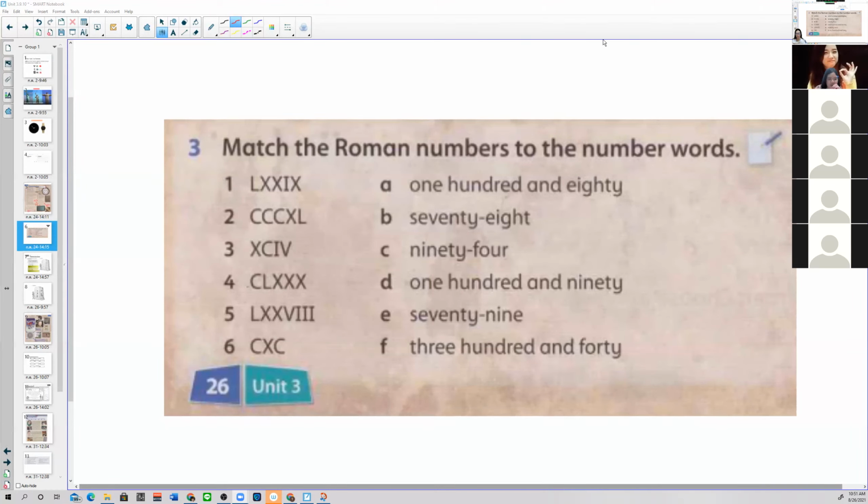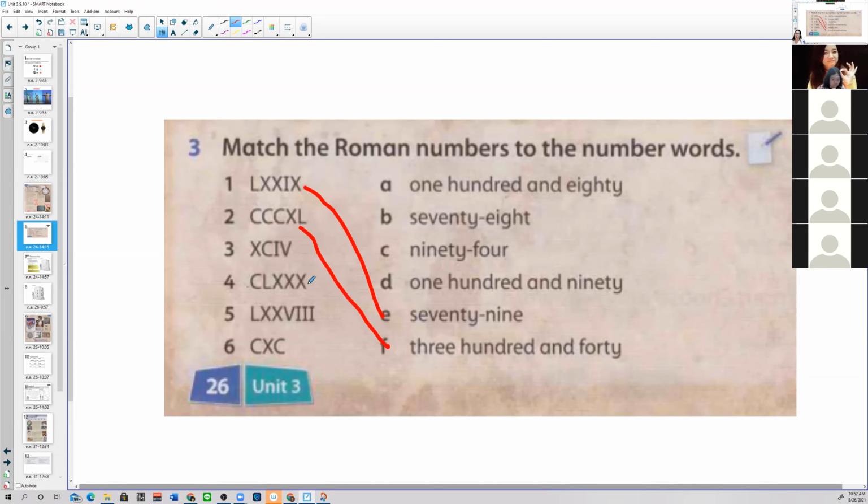Oh, finished, teacher. Okay, now let's do this together. What is LXXIX? This is 79. Yes, that's 79 because L is 50, right? 50 plus 10 plus 9 is 79. Number 2, CCC, yes, 340. Good job.